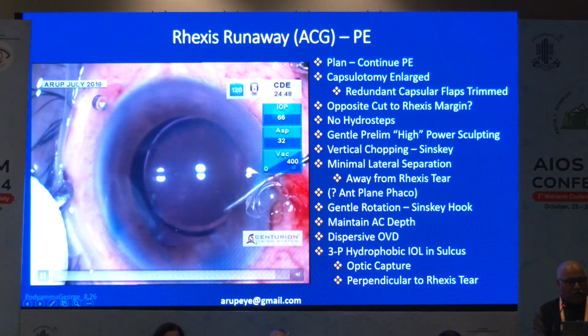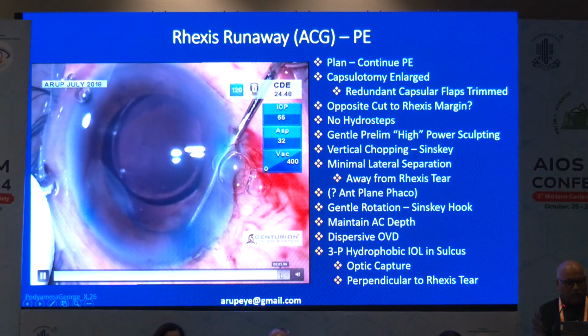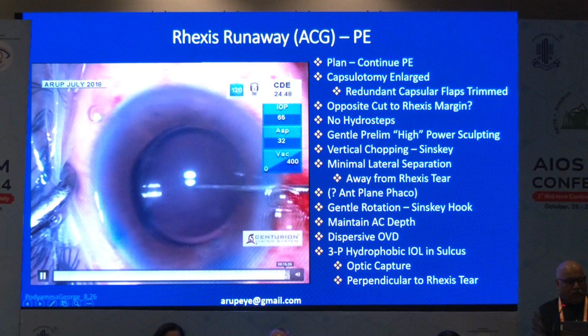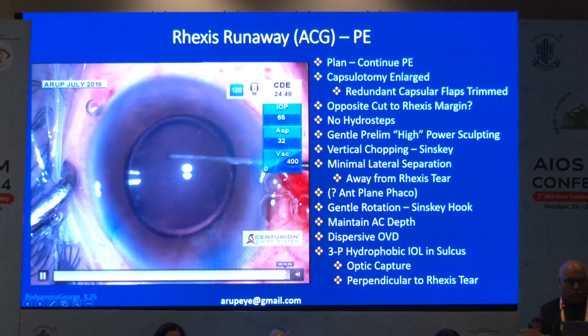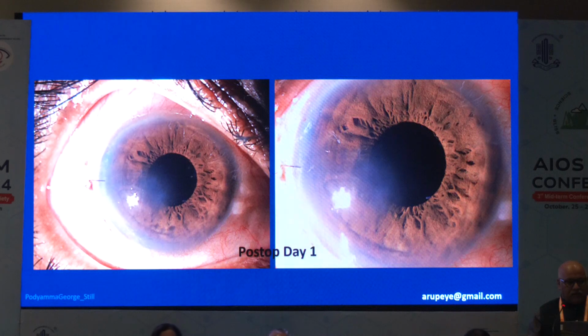I try not to dial these cases, so you can ensure that the haptics are placed in the sulcus, and that the optic is captured posteriorly. So the optic is locked in place. This is the day one picture, a clear cornea, and this is more than the usual SKs that I see in my cases.